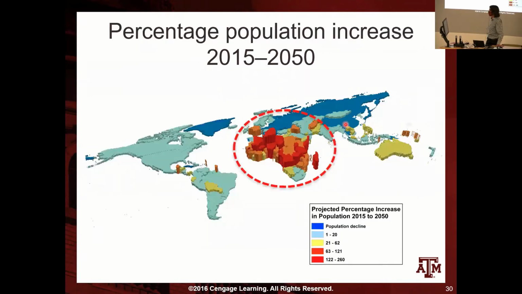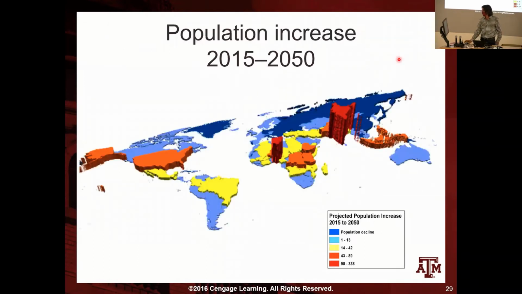And here is the percentage of population increase. The population in India is already big in 2015. In absolute terms, they will still increase a lot by 2050. That's why it's so high here.